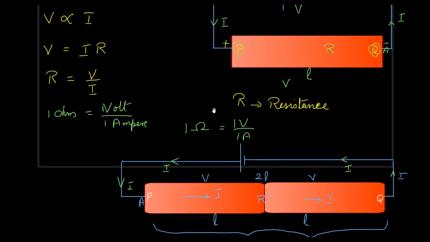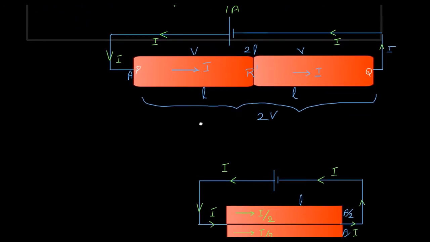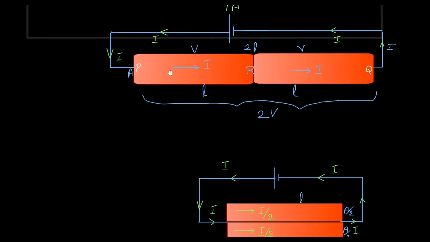Let us see how resistance depends on length of the conductor. Look at this diagram. In this diagram, two identical conductors of length L each. Across each conductor a potential difference V. They are in contact with each other.